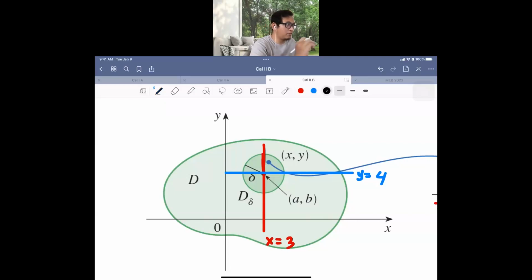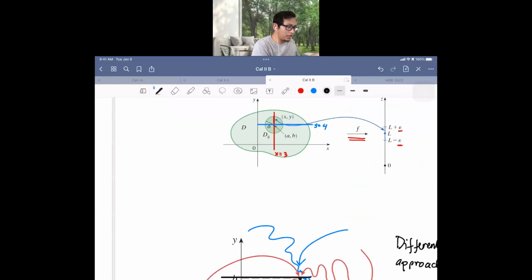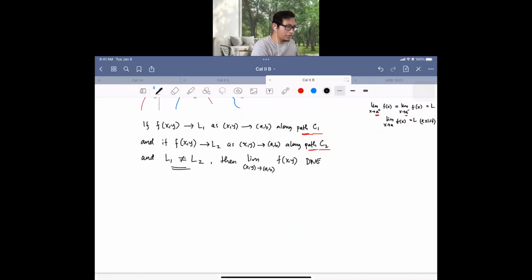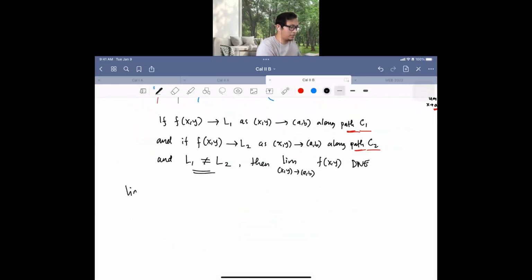Okay, now going back to our question: the limit as x, y approaches 0, 0 of x squared minus y squared over x squared plus y squared.